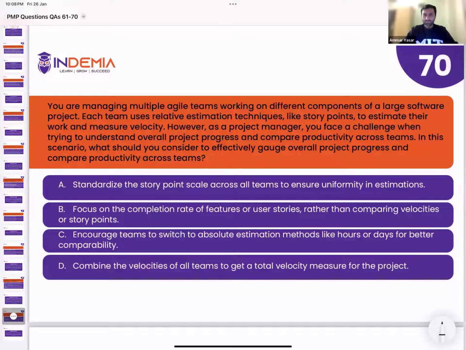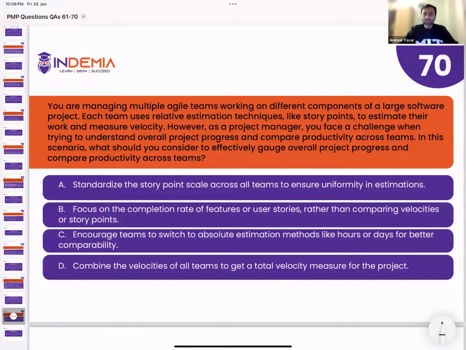All right. So if you recall, in the last question and answer session, we had a similar question in which there was a problem of presenting progress to the stakeholders. And the correct answer was we should look for completion rate rather than story points, because different teams have different story points.